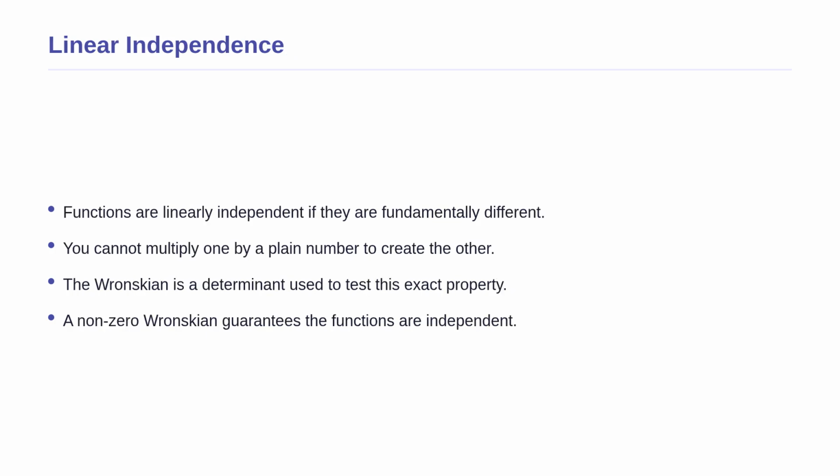This brings us to the formal mathematical concept of linear independence. In formal mathematics, we use the term linear independence to describe functions that are fundamentally different from one another. To put it in the simplest possible terms, two functions are linearly independent if you cannot multiply one of them by a plain number to magically create the other.